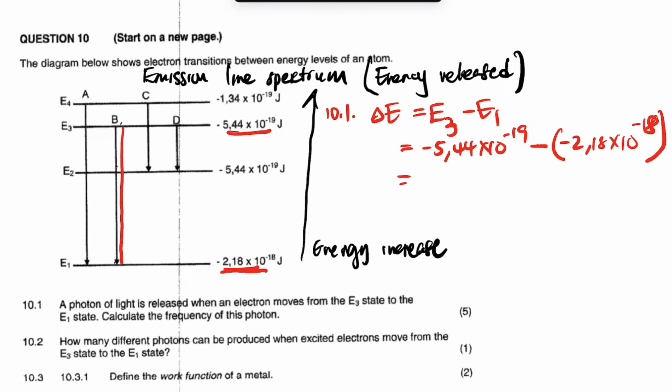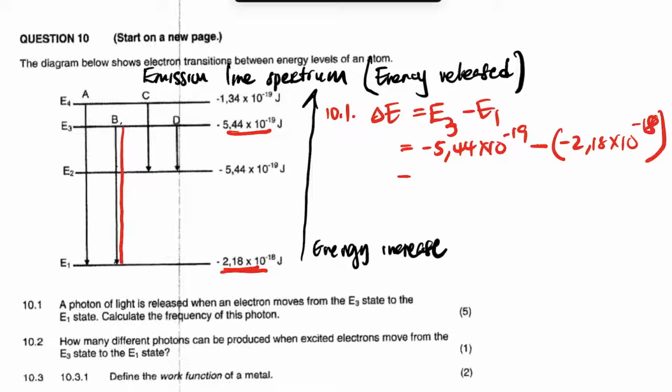And then the answer, when we calculate that, let me punch it in: negative 5,44 times 10 to the power negative 19 minus negative 2,18 times 10 to the power negative 18.